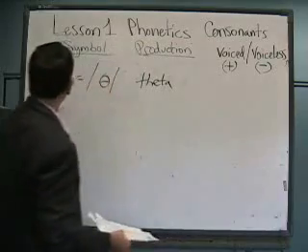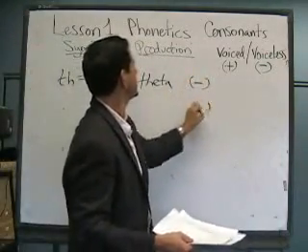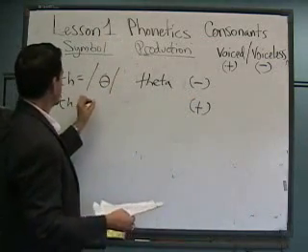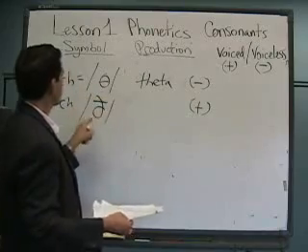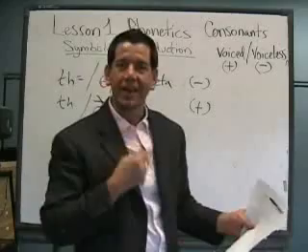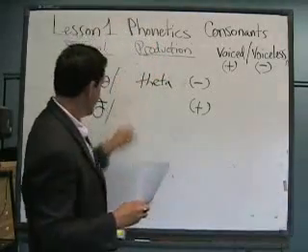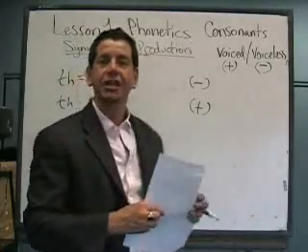Then we have the voiced TH, which looks like a backwards 6 with a T crossover, and that is the, as in the ball. Okay, so we have the voiceless and the voiced TH.